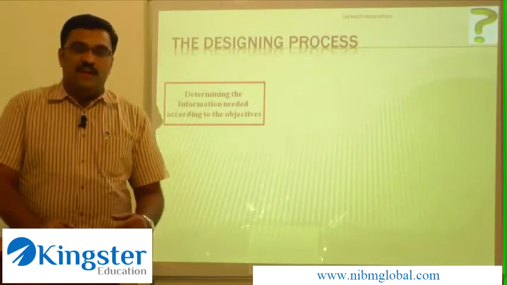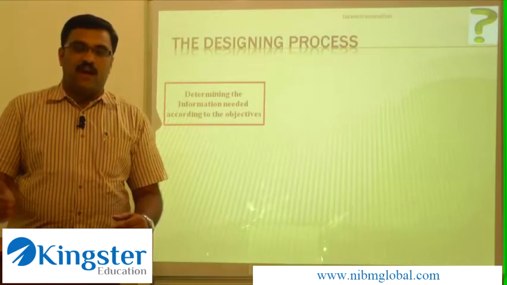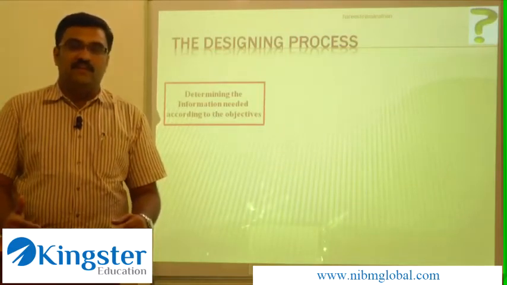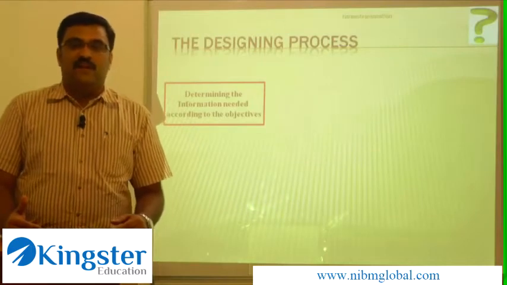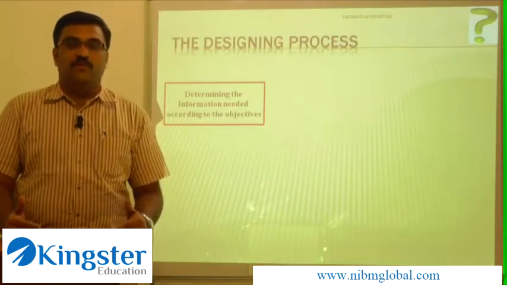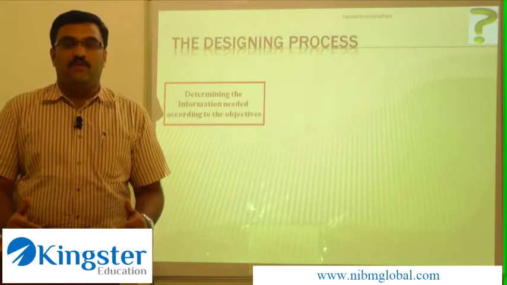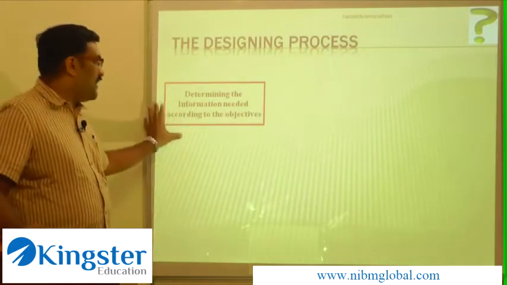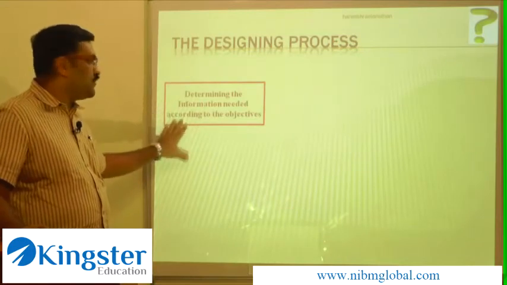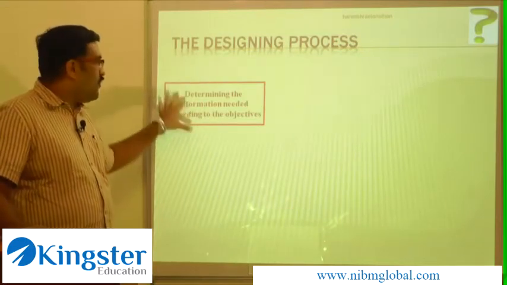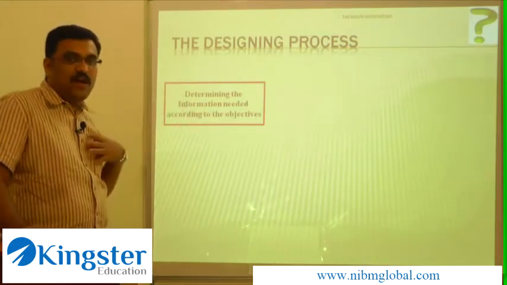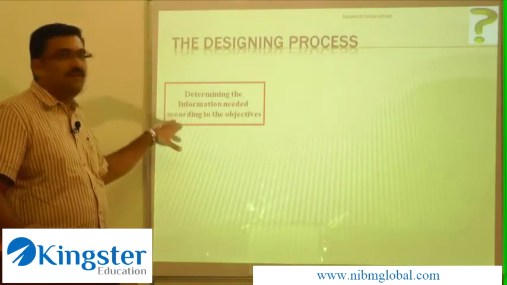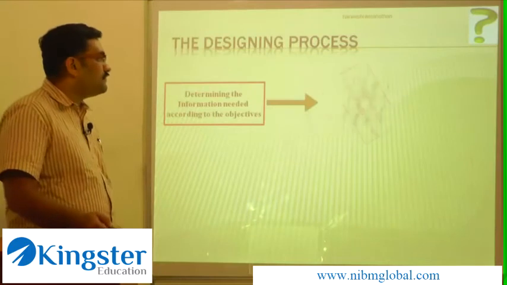For each and every question you add to the questionnaire, you have to ask, does this have any relevance to the objectives you have already framed? So first one, determining the information needed according to the objectives. What information should I have if I want to satisfy my objectives? The first thing will be based on that.